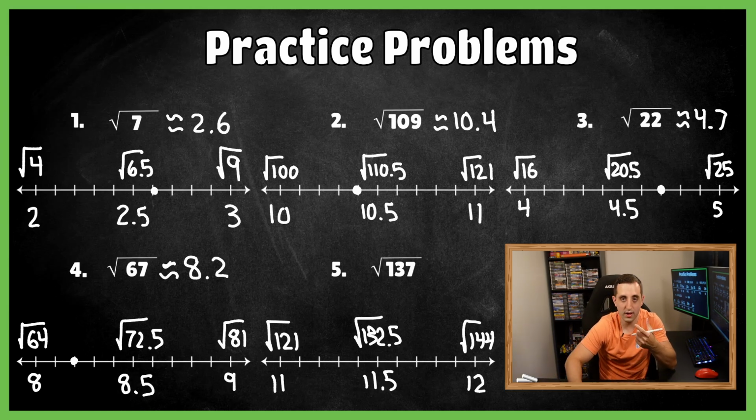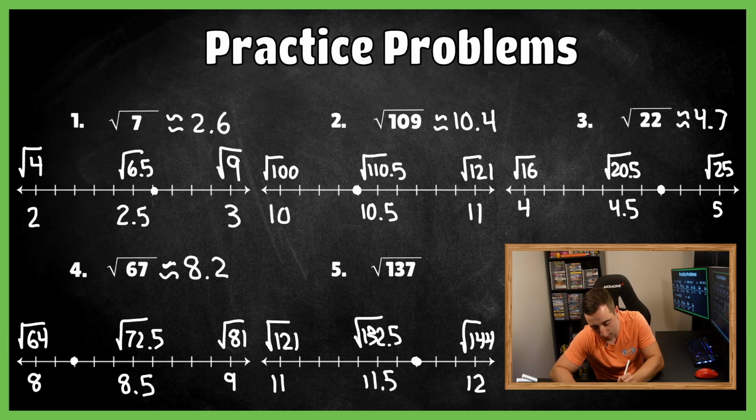And then 137 again falls on the upper half of our number line, so it's going to be between 11.5 and 12. 137 is closer to 132.5 versus 144, right? It's still a little bit away from 11.5, so I want to estimate this at 11.7. Again, leaning more towards the middle than 12, because it's closer to 132.5 than it is to 144. So our estimate for this is going to be 11 and 7/10.